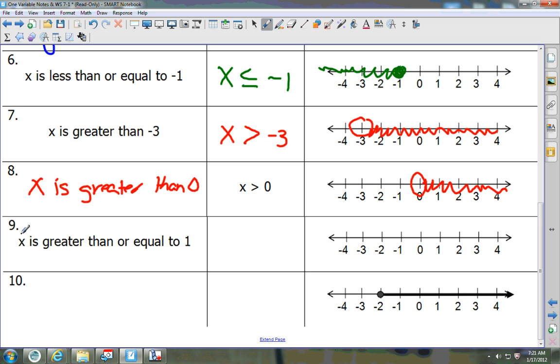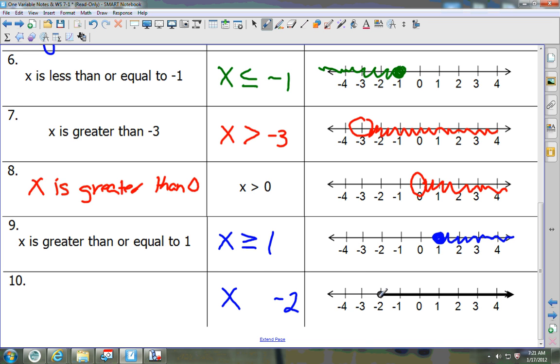The next one says x is greater than or equal to 1. Now to graph it, see how it says equal to? You're going to go to 1 and put a colored in circle. Greater than is towards the right. The next one, look, we have only this graph and we need to figure out what it's saying. Well, first off, I have x. Now, I'm starting at -2, so I can put it here.